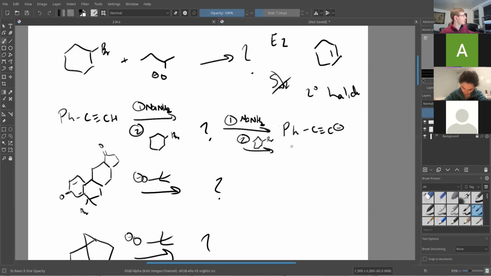Someone said SN2. Does anybody want to contend SN2? Wouldn't it be SN2 because the phenyl acetylide is a good nucleophile, and that would act as a nucleophile?